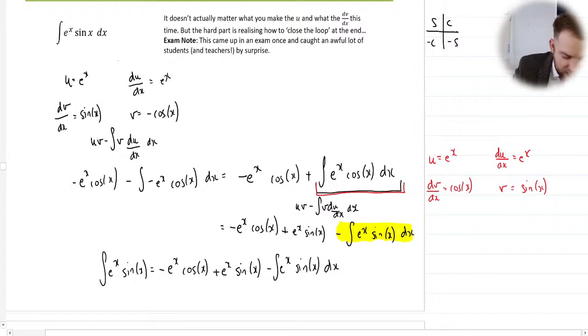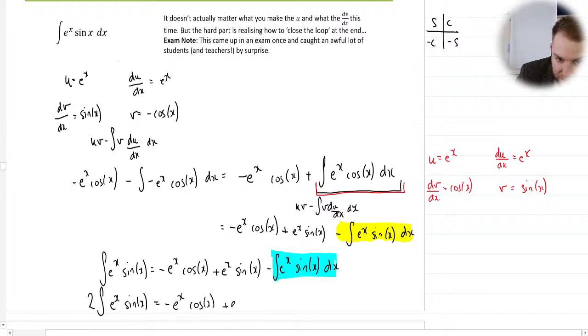So because these are the same, I can take all of this here over to the other side. So actually I've got two of them. Okay, I've got two of these. So this is actually equal to 2 times the integral of e to the x sine x is equal to minus e to the x cos of x plus e to the x sine of x.